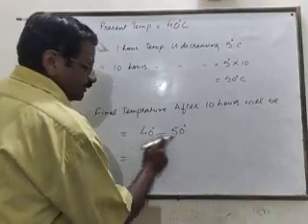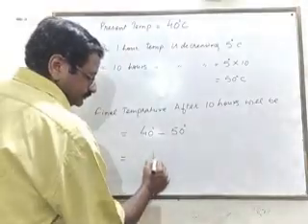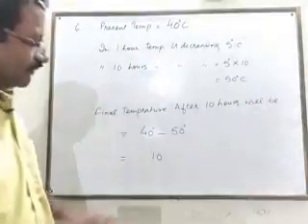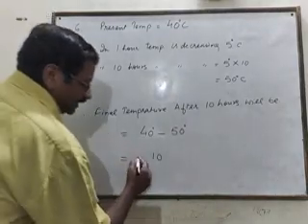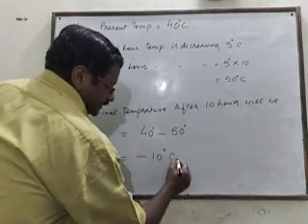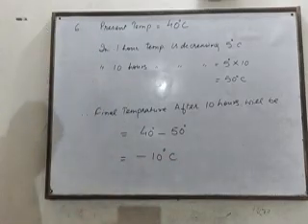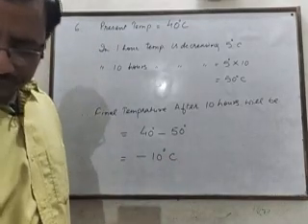So they will be subtracted, but after subtraction the bigger figure's sign will come in the result. So minus 10 degrees Celsius will be your answer.